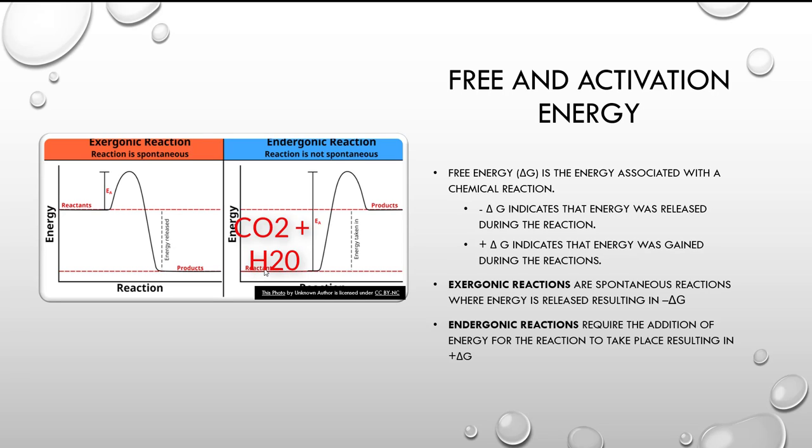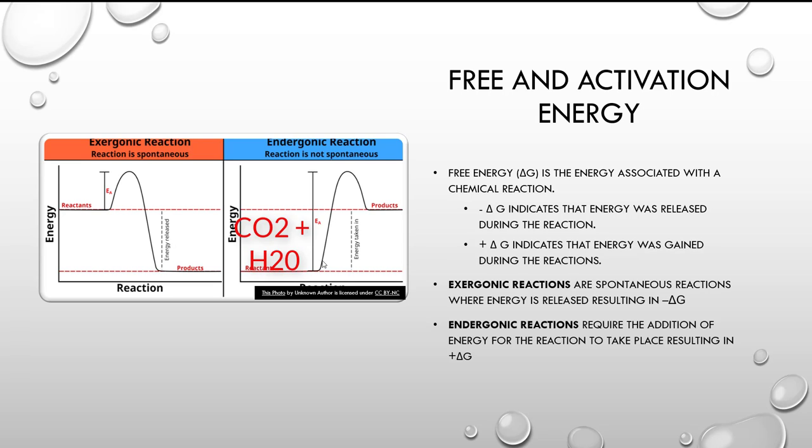Inside the plant, the cell has a chloroplast. The plant takes the carbon dioxide and the water inside the chloroplast, and it requires energy from the sun.